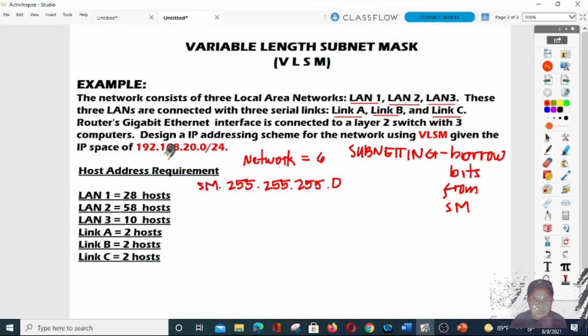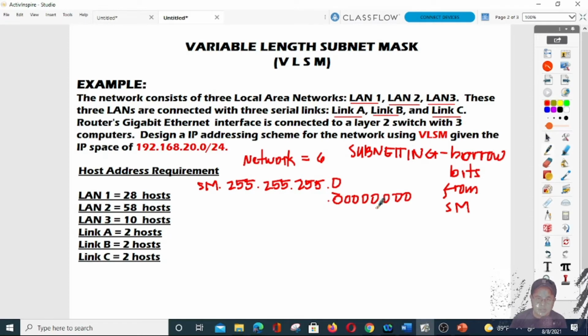Now, in order to subnet this IP address or network address, we need to borrow bits from the subnet mask. In this case, we need to borrow bits from the last octet. The last octet is 8 zeros, 1, 2, 3, 4, 5, 6, 7, 8.